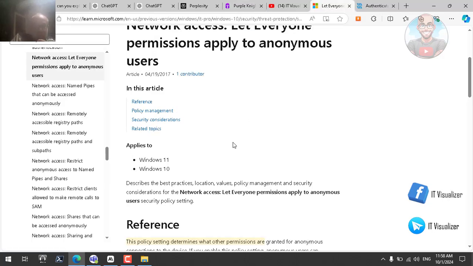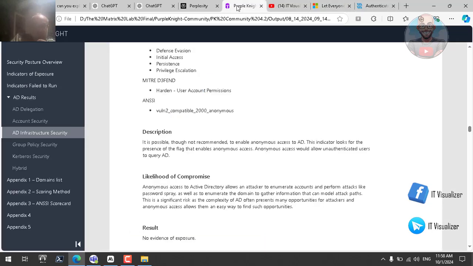It says that we should disable a group policy called Let Everyone permissions apply to anonymous users. This group policy should be disabled. If it is enabled, it will be very, very dangerous, because then a hacker can scan your Active Directory and get a lot of information concerning the users, groups, and shares.